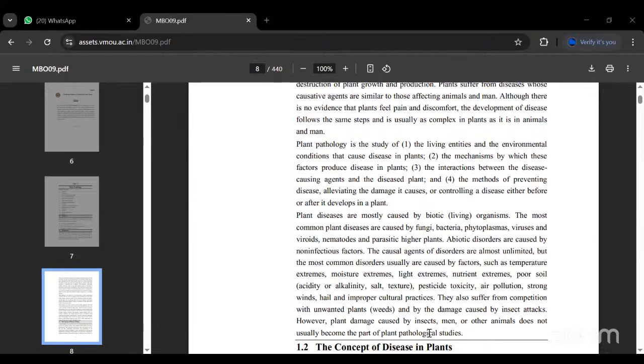These are the microbes causing disease in plants.